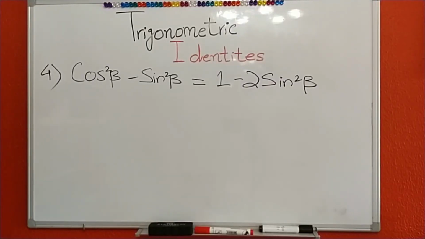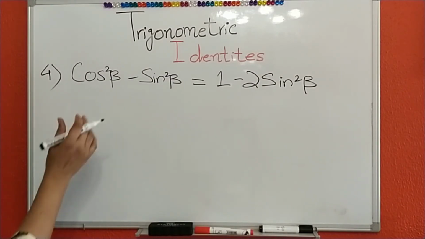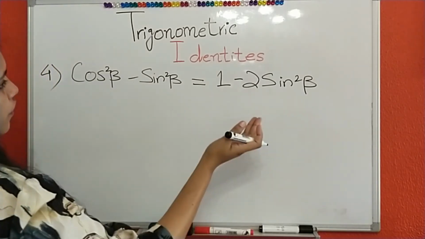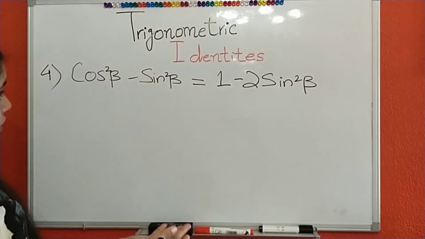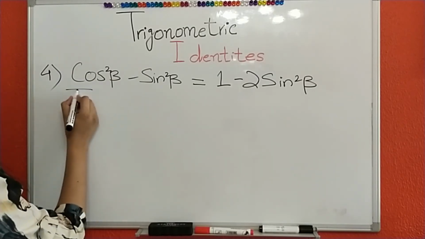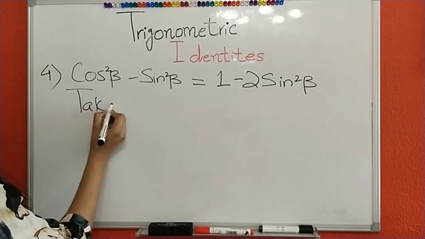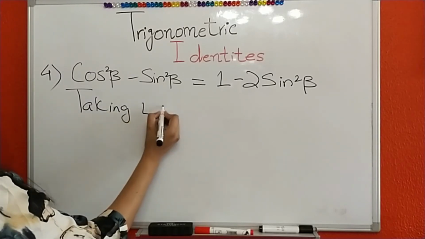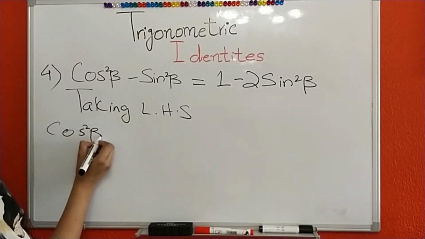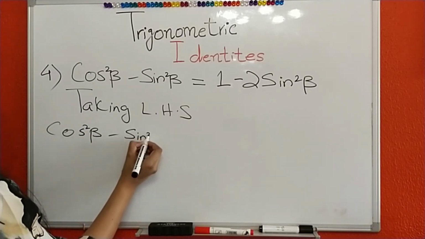Okay, I have a very easy question here. I need to convert this side into 1 minus 2 sin²β, or if you want to convert the right hand side to left hand side, you can do. So I'm just taking left hand side: cos²β minus sin²β.